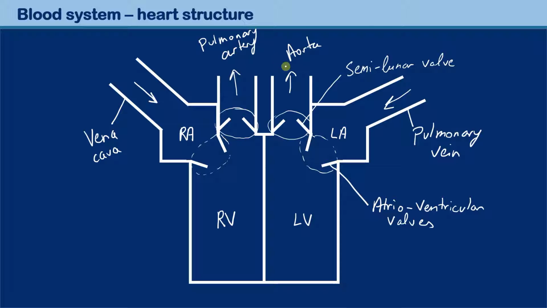Now how is this related to the rest of the body, and how does the blood flow? Let's trace the flow of the blood. Over here the blood flows from the vena cava into the collecting chamber, the right atrium. From here the blood flows into the right ventricle. The right ventricle contracts and the blood flows out through the pulmonary artery to the lungs.